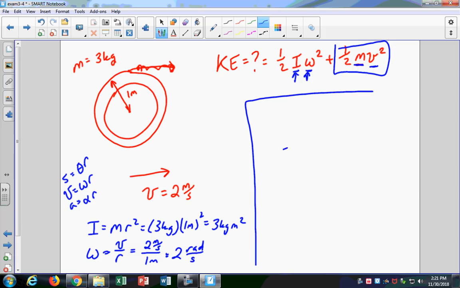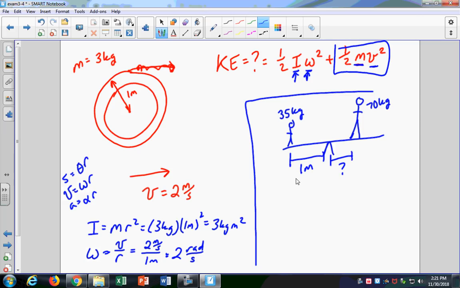It's a lever, right? Where I have one kid here, say another adult over here, and let's say that the adult is 70 kilograms, the kid is 35 kilograms, and this distance is 1 meter, and I want to know what this distance is. That's the question basically, right?